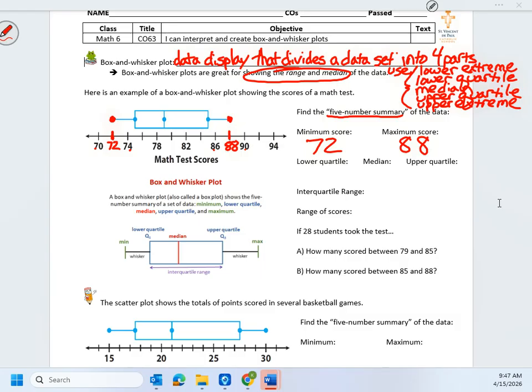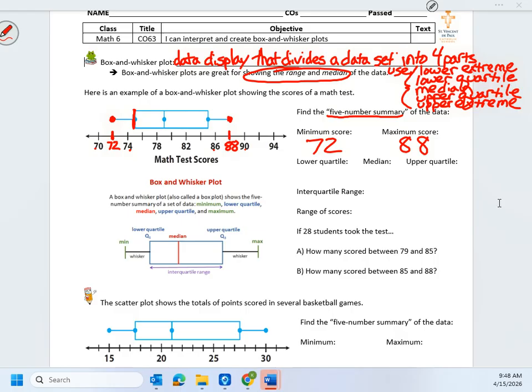Now we've got some new words. Lower quartile. The lower quartile is going to be right here, the line of our box. So that's our lower quartile. What score would that lower quartile be?